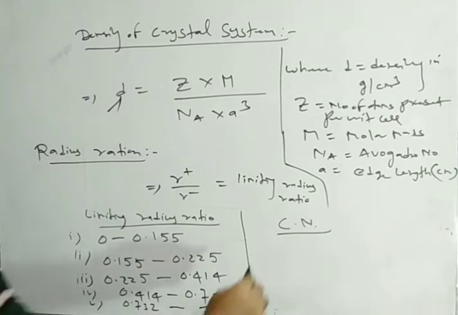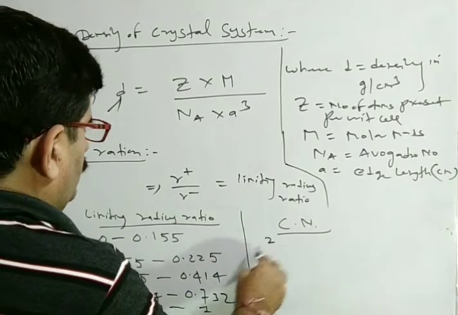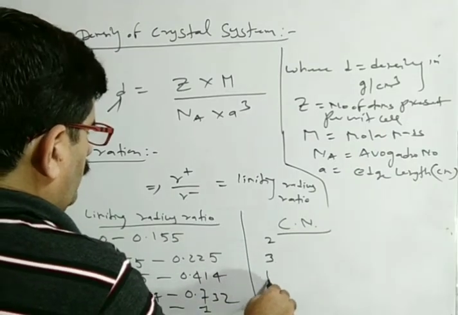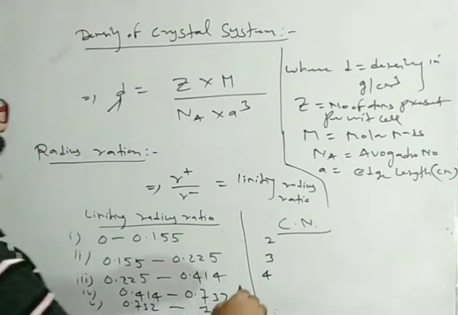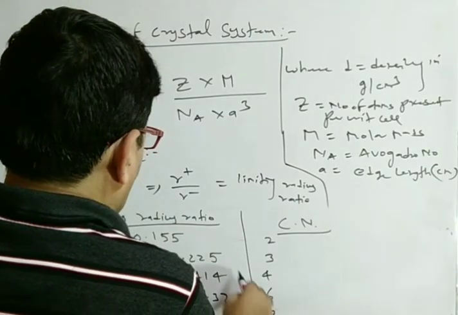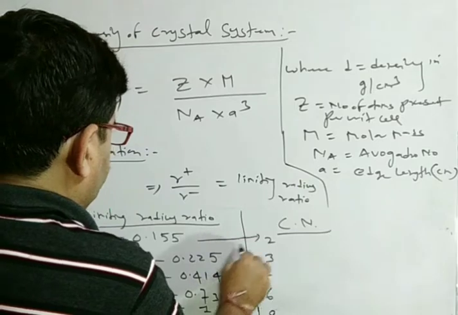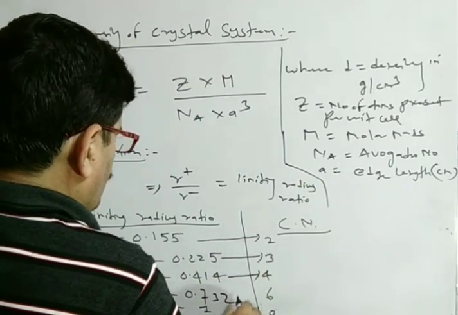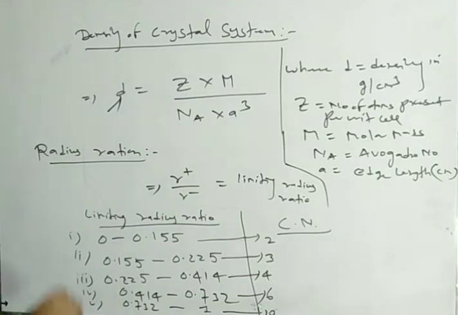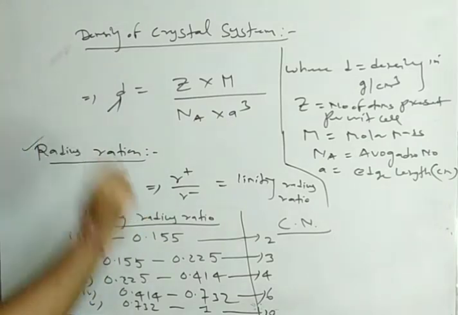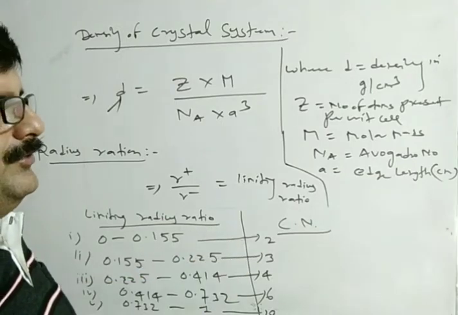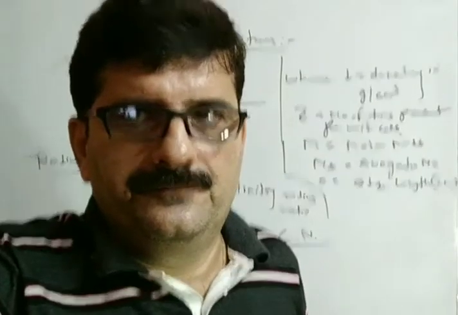Here we write coordination number equal to 2, the second one the coordination number 3, third one coordination number 4, then coordination number 6, and last the coordination number equal to what? 8. So with the help of limiting radius ratio, coordination number can also be predicted.